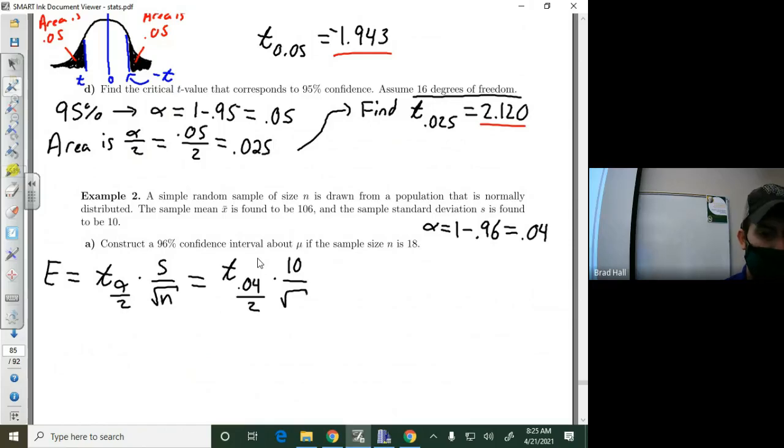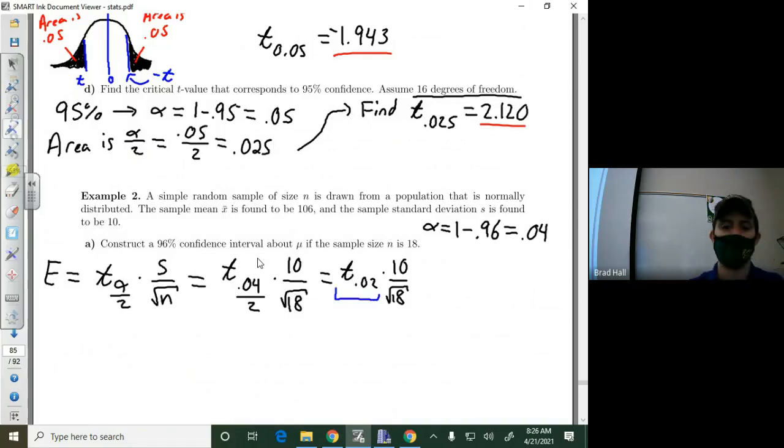That's divided by the square root of 18, because they gave us the sample standard deviation and they gave us the sample size. And so we can quickly do that division. As for the subscript of t, which is 0.02, we need to figure out that t value, t of 0.02.